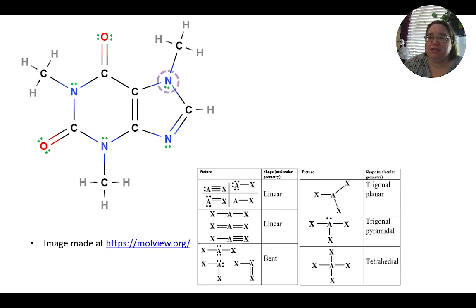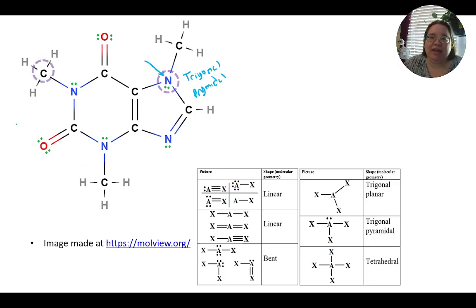So first one I'm going to identify here is this nitrogen with this purple circle around it. Notice 3 bonds, 1 lone pair. So nitrogen with 3 bonds, 1 lone pair is trigonal pyramidal. That lone pair of electrons is kind of going to be above that nitrogen, forcing the other 3 to be a little bit below the plane on the nitrogen.